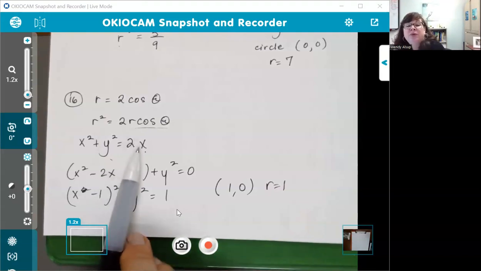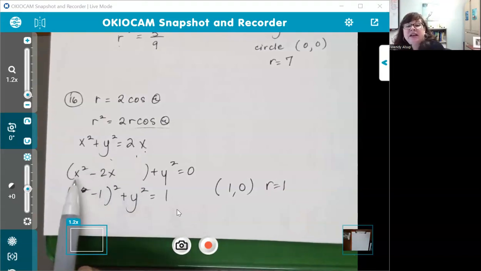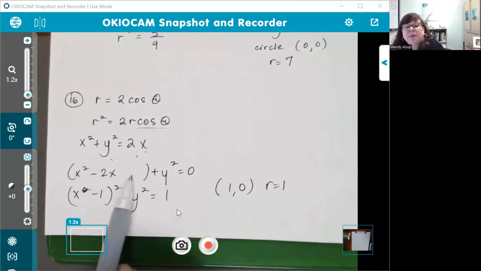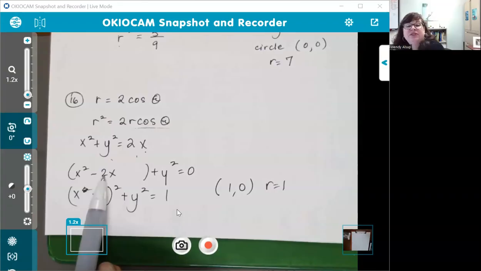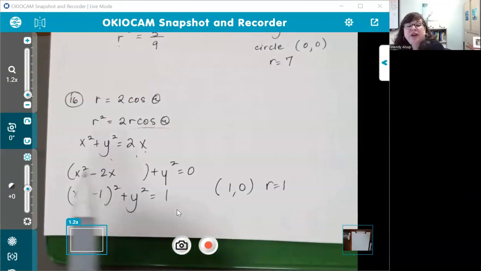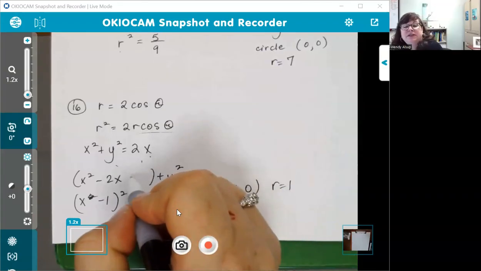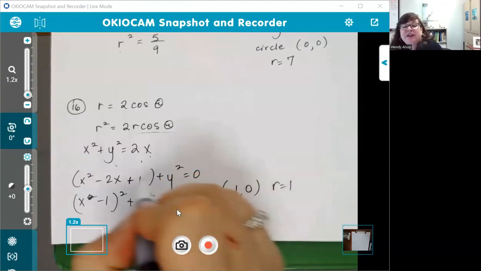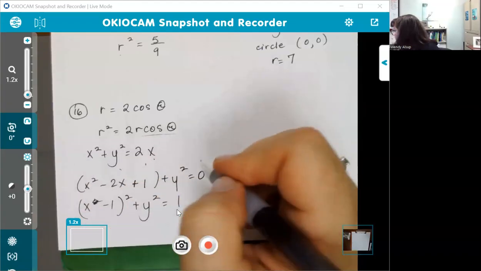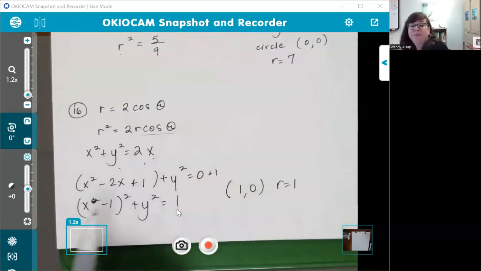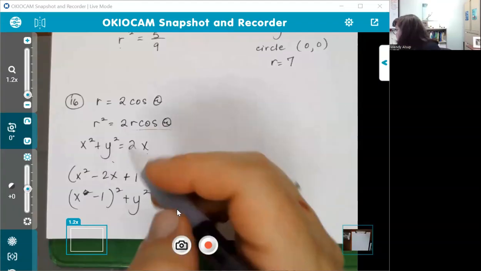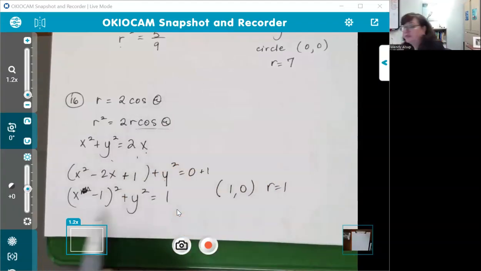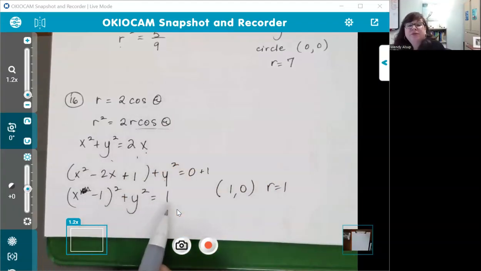This is the one where you want to move it all over to the other side and complete the square. And to complete the square, that's -2 divided by 2 is -1. (-1) squared is +1. So that's what I want to add to the left side. But if I do it over here, I've got to do it out here too, so I don't mess up my equation. So then I end up with (x minus 1) all squared plus y squared equals 1.